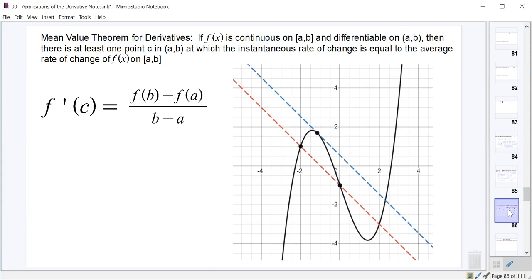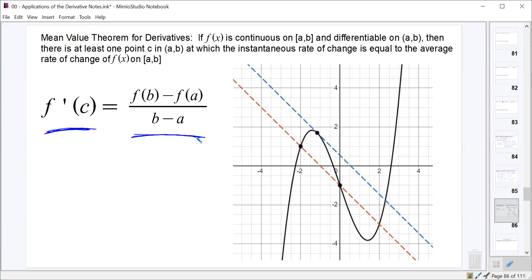It's saying that the slope of the tangent line at some c value that's on the interval from a to b must be equal to the slope of the secant line that connects the endpoints of the interval. So over here in the picture, you can see in red, I've got the secant line that goes through x equals -2 and x equals 0.